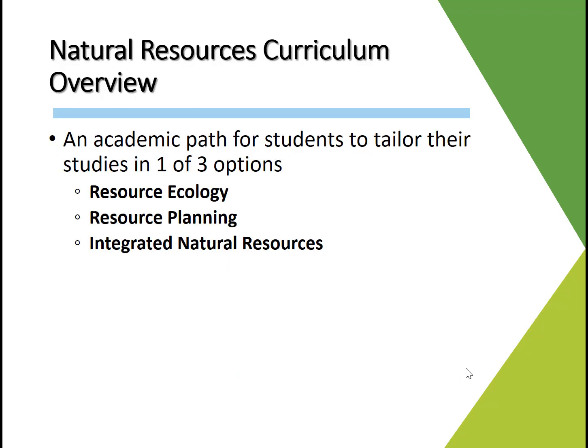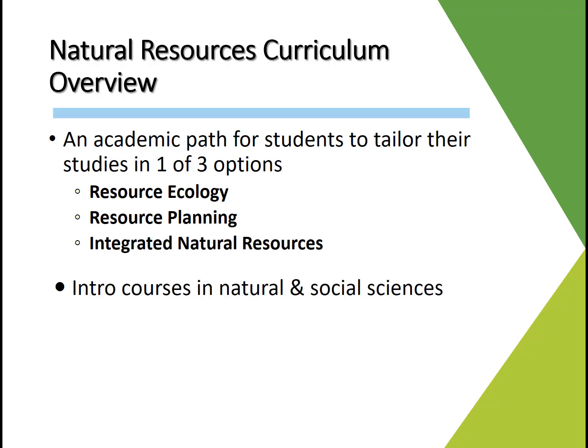It's an academic path for students in the Rubenstein School who'd like to tailor their studies in one of three options. You may choose to study resource ecology, or resource planning, or integrated natural resources.